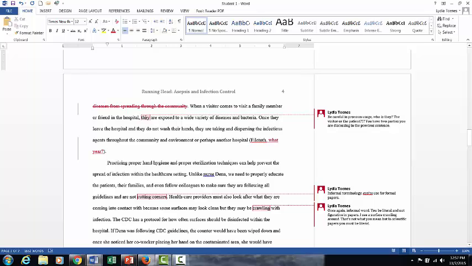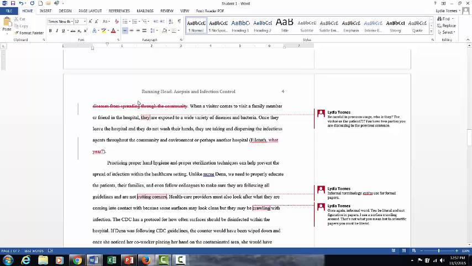So which "they" are we talking about? Are we talking about the visitor, or are we talking about the family member? Whenever you use pronouns, I'm not saying you can't, just make sure you specify who you're talking about. So this could have changed very easily to: when a visitor comes to the hospital to visit a family member or a friend in the hospital, the patient is exposed to a wide variety of diseases or bacteria.